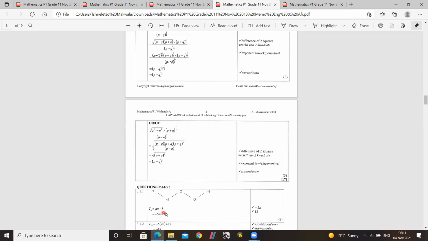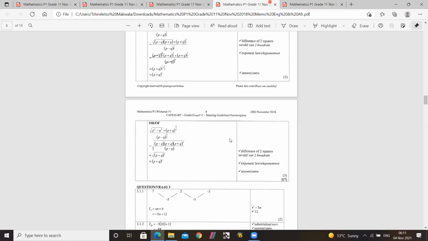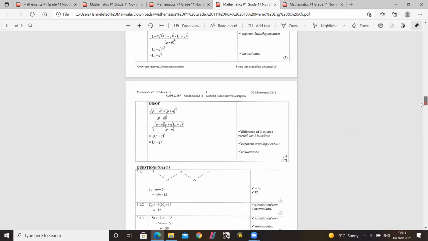I just want you to see that this is the same as a linear function. So to calculate T20, wherever there is n, you must substitute 20 in the formula that you just calculated. That's why they substituted the 20.